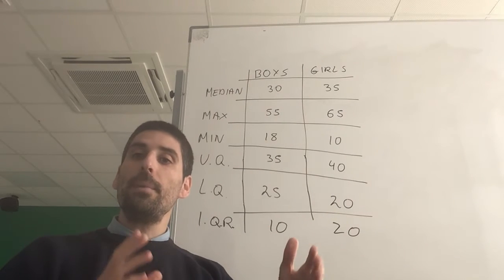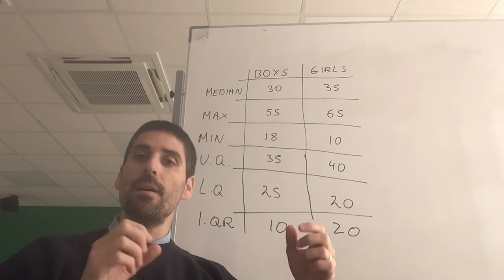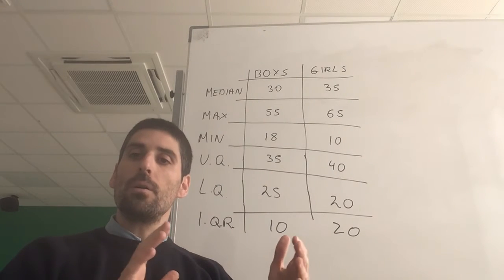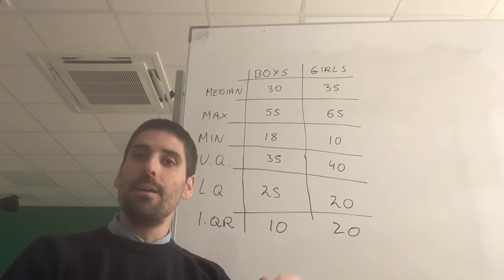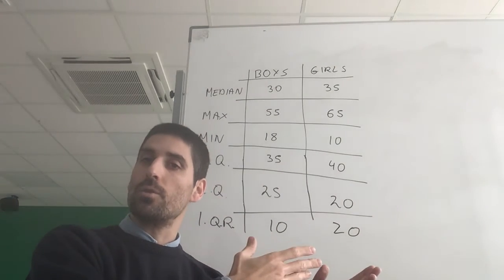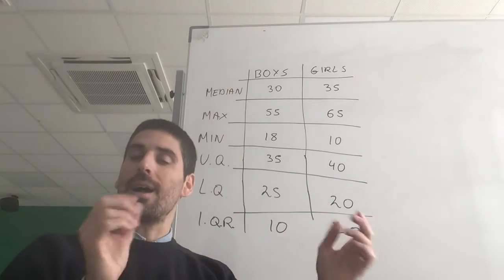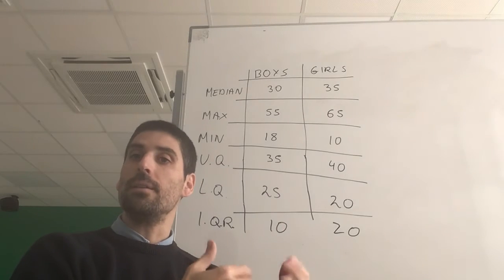So for the middle 50%, the most representative 50% of the boys, the results were more compact, more together, more similar than they were for the girls, because their interquartile range was 20, which is higher. So the girls' results were more spread out for the middle 50%, because we are looking at the interquartile range.